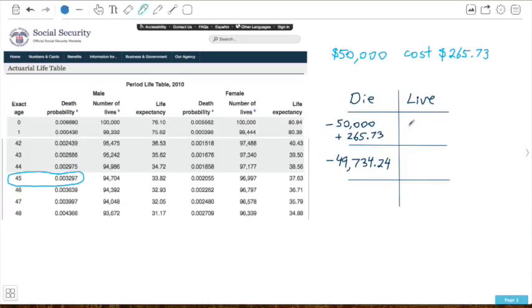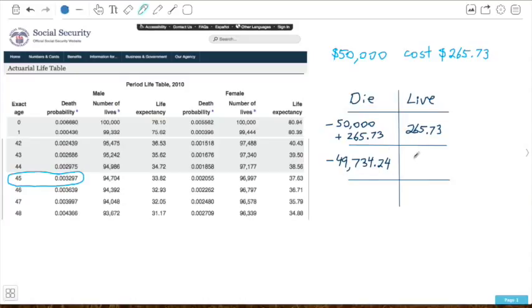Now, if the person lives, then you get to keep the $265 and not pay out anything as an insurance company. Now, if this was backwards, like if you were worried about your insurance costs, then this number would be negative and this number would be positive. In other words, if you died, then this would be paid out to your family less the $265.73.